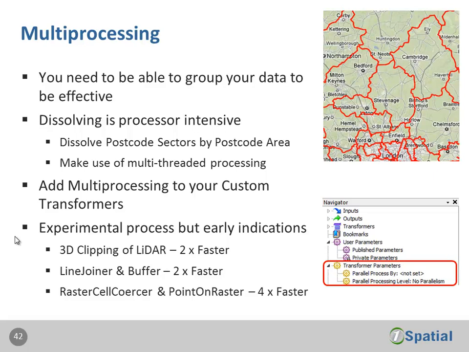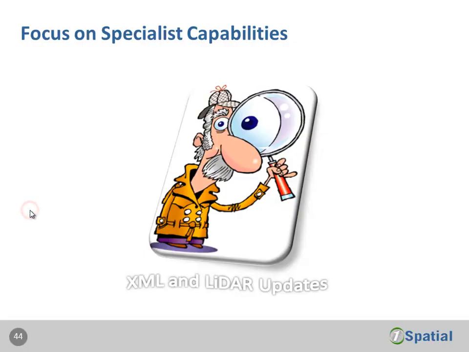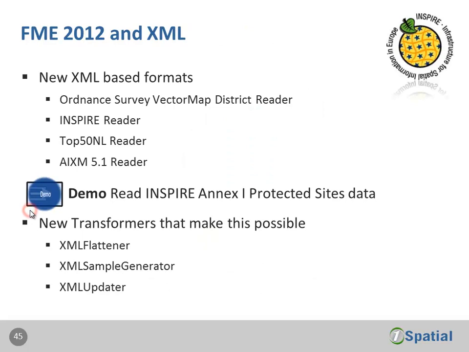And certainly some of the examples that we've tested data with mean that you can get double the performance or 4 times the performance with some of the raster processes, which makes a bit of a big deal, really. So happy to talk about that in more detail after the session, or via the email address we gave you, fme@onespatial.com.